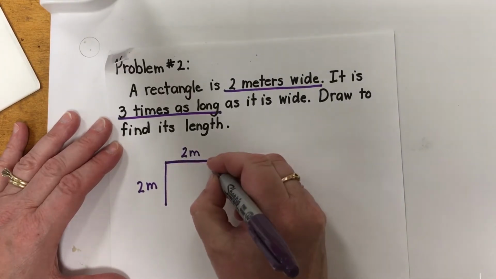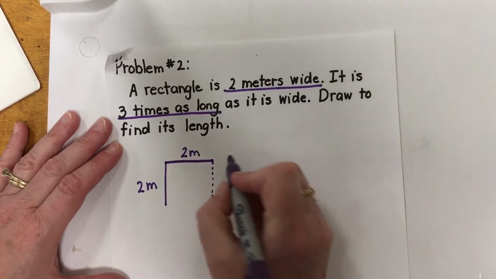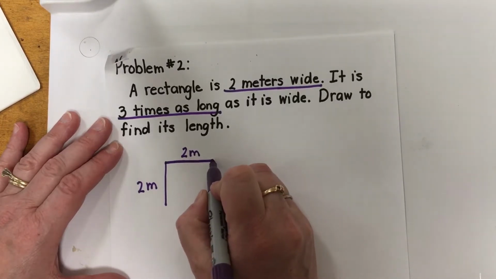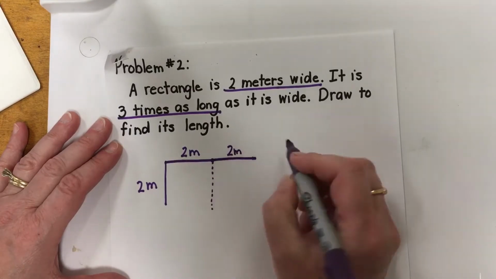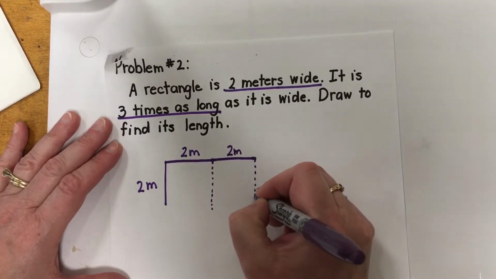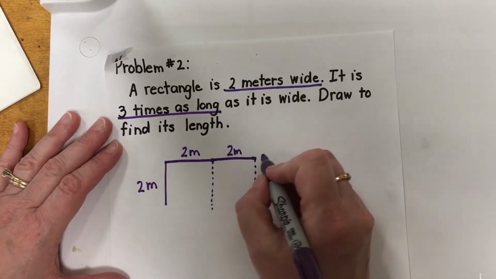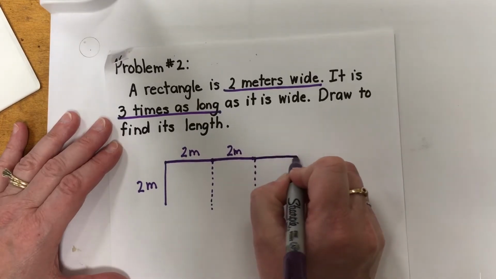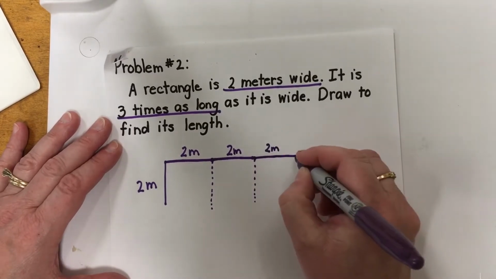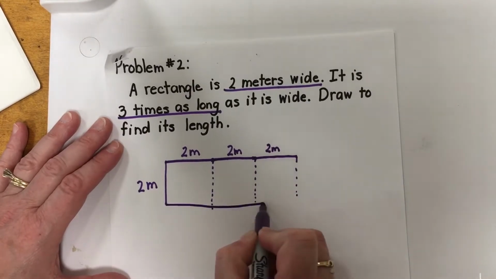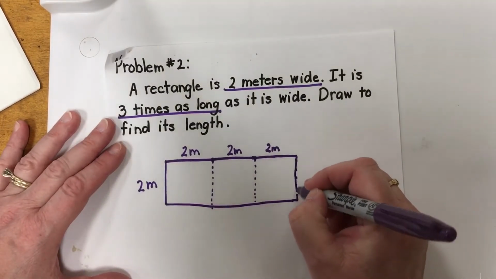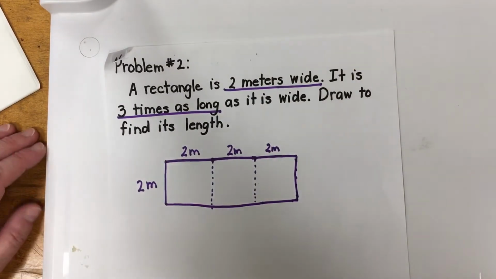That's 2 meters. Another time as long. That's 2 meters. That's twice as long. And then we need to do one more line that's 2 meters. So that is 3 times as long. And we can close up our rectangle.